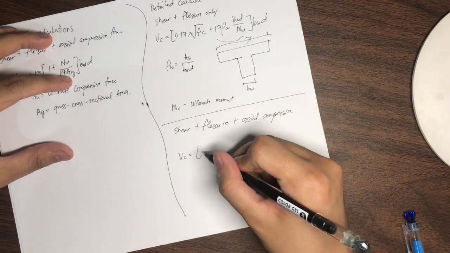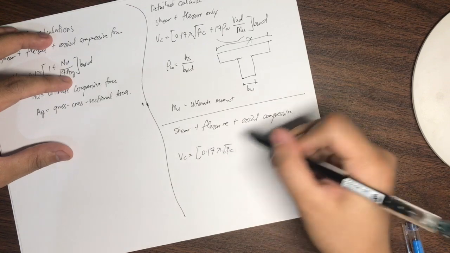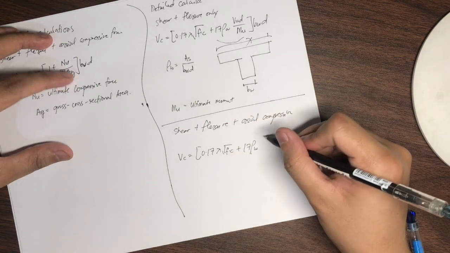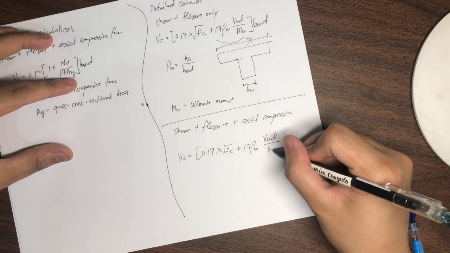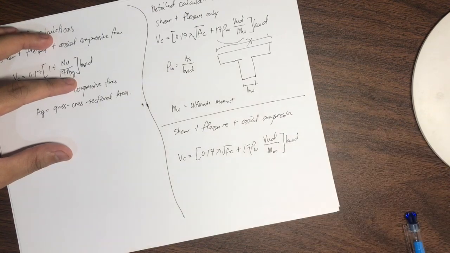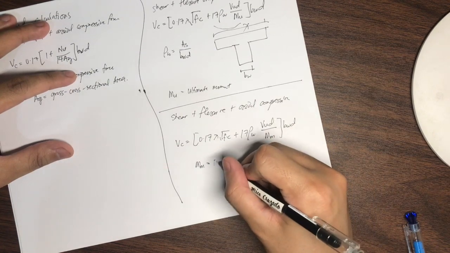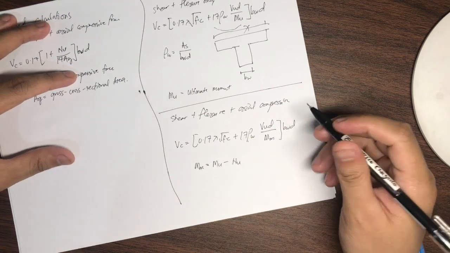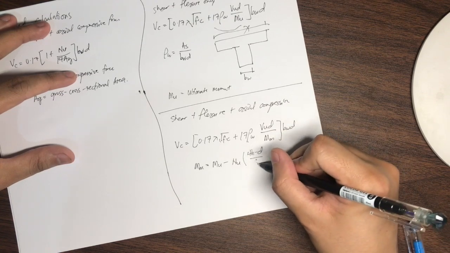It's very same. 0.17 lambda square root of f'c plus 17 rho_w multiplied by Vu d, but rather than using Mu, it is substituted with Mm multiplied by b_w d, where Mm is just equal to your original ultimate moment minus the ultimate axial compressive force multiplied by (4h minus d) over 8.